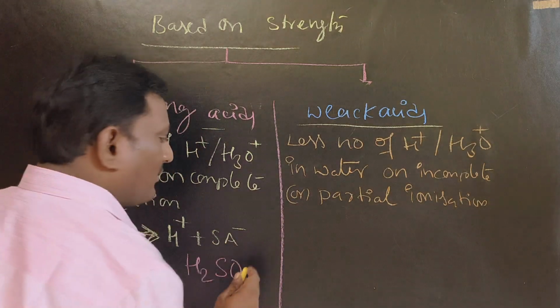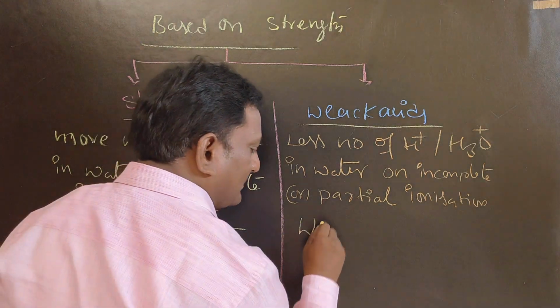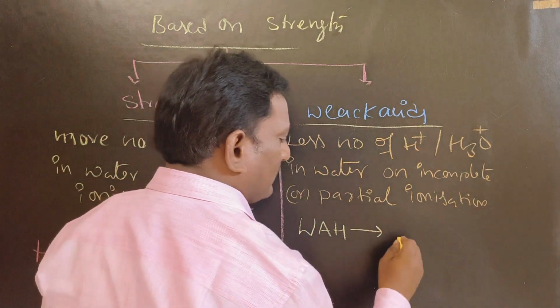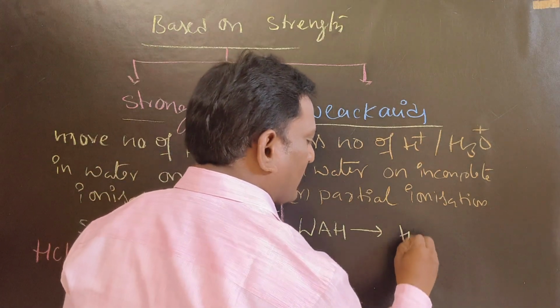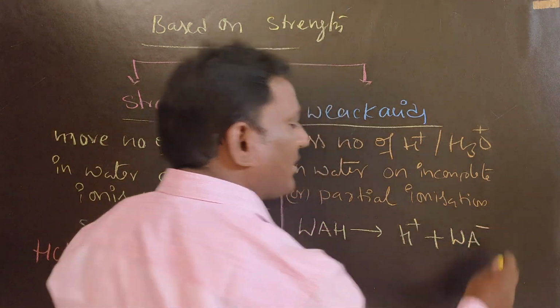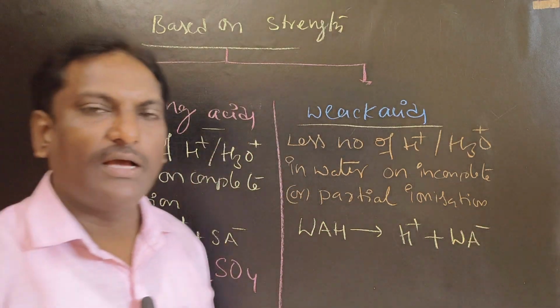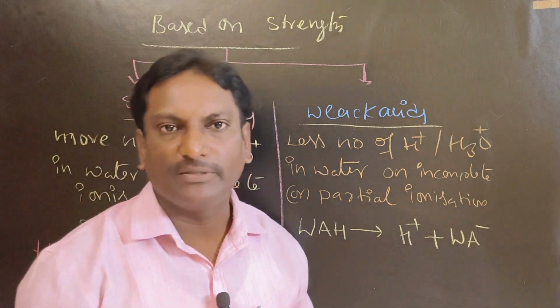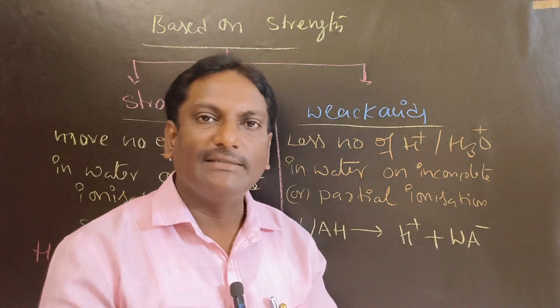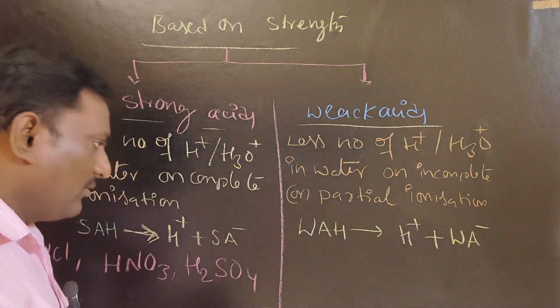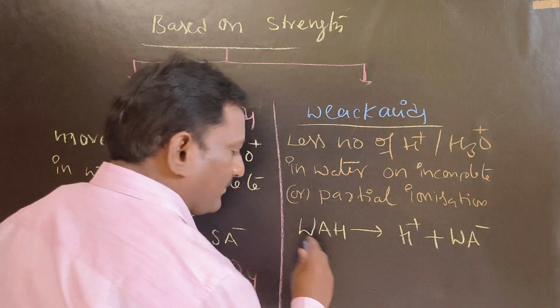Let me take a generalized formula. Let us assume a weak acid is dropped in water, it produces H plus ion along with a negative ion. You must know that splitting of acids, I said so many times. So please go to the previous videos, then you will get a clear picture of how the acids are split into the respective ions. Right? Next one.